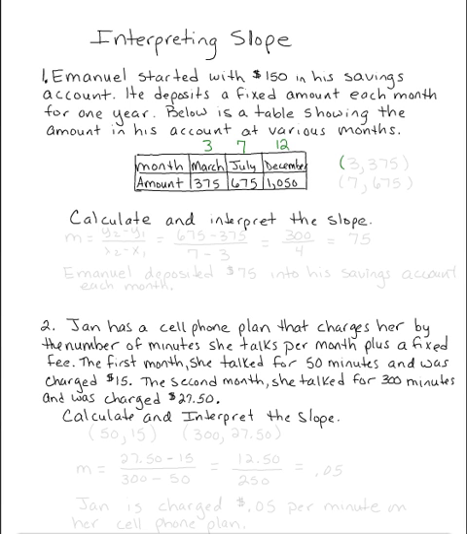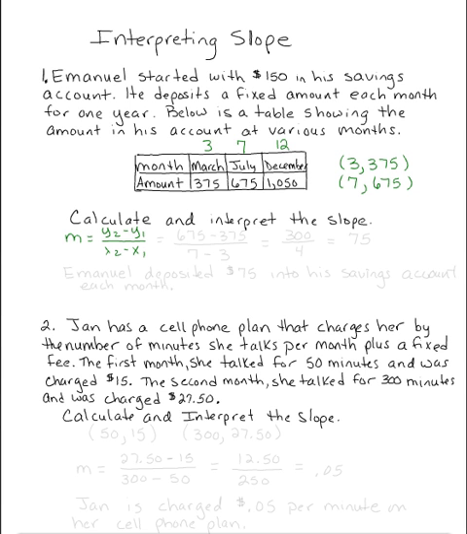So March would be represented by 3, and the amount associated with that month is $375. July, we have 7 to represent that month, and the amount in that account was $675. So now we have 2 points. Remember, to calculate the slope, we take y2 minus y1, and we put that over x2 minus x1.